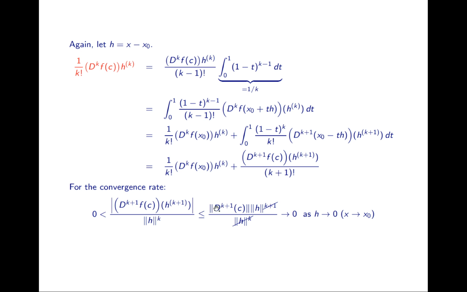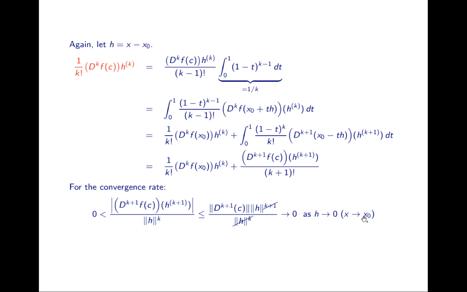So when I say the norm of this operation, what I mean is the induced norm on an operator, which is to say the max value the operator takes when it operates on a unit vector. And that's why I can get this inequality. Because of course I'm operating on k plus 1 vectors. Divided by the norm of h to the kth power, my k and my k plus 1 cancel. Because my denominator cancels, this goes to 0 as h goes to 0.